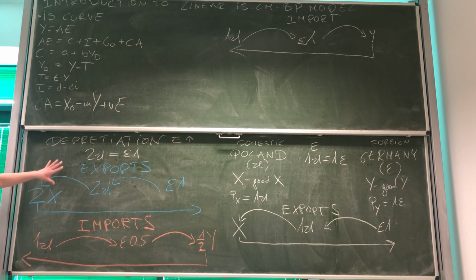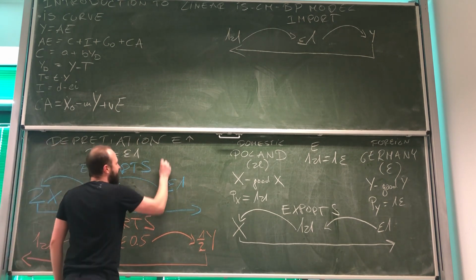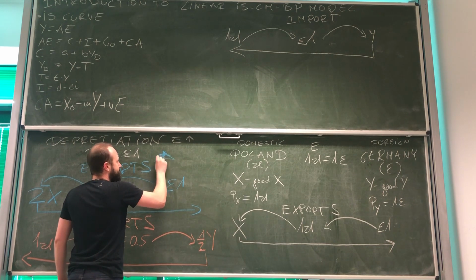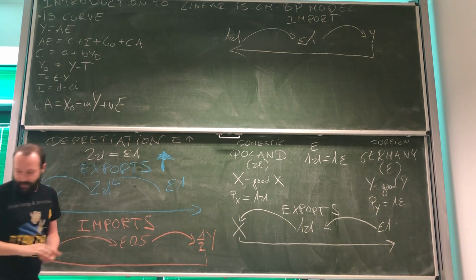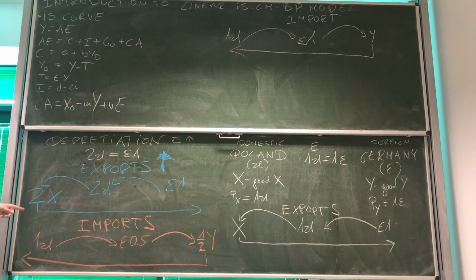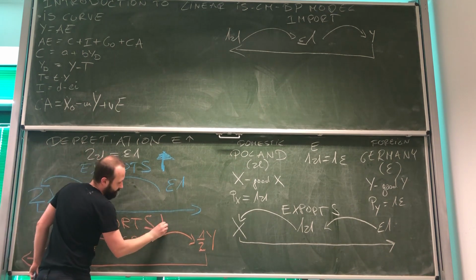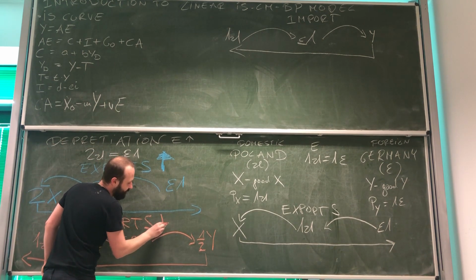And look, what is this simple example showing us? As a result of depreciation, Polish exports have actually gone up, and Polish imports have actually gone down.